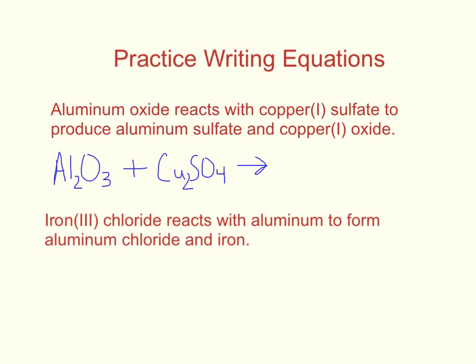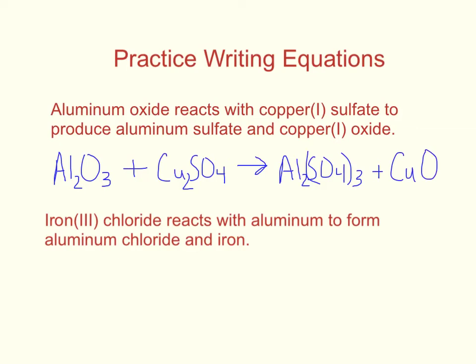Aluminum sulfate, and so we're going to write aluminum, Al, and the SO4. Again, we got to check the charges. Aluminum has a +3, sulfate has a -2, so we get Al2, and then in parentheses, we have to take SO4 3 times, and that's the and part. Copper 1 oxide, so here's copper, here's oxygen.